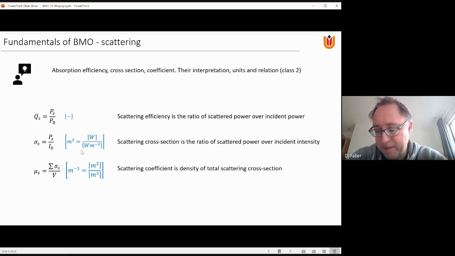We define the scattering coefficient as the sum of all the scattering cross sections that are in the volume divided by the volume. So in that sense, it is the density of total scattering cross section. Now, if all the particles are identical, then the sum of sigma s will just be N times sigma s, and if N divided by the volume is rho again, then we have the same expression as for the absorption coefficient.